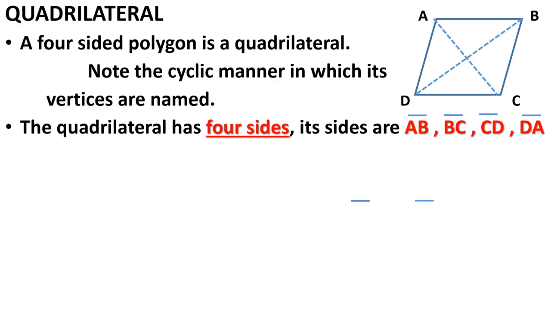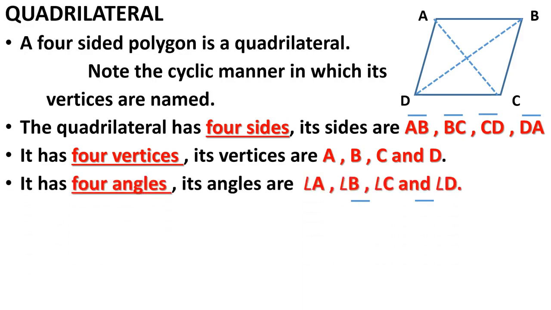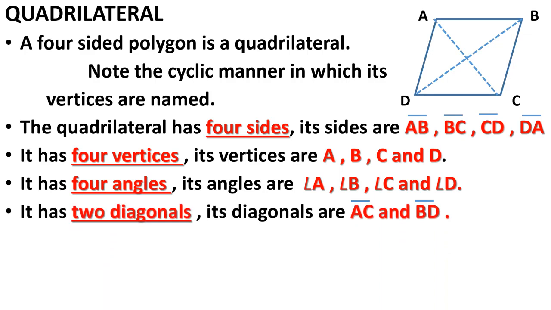It has four vertices: A, B, C and D. It has four angles: angle A, angle B, angle C and angle D. And it has two diagonals, AC and BD. When we join opposite vertices, we get the diagonals.